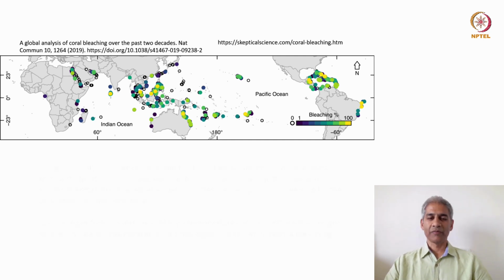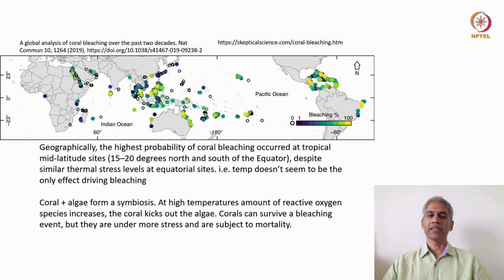And this pattern of bleaching has been especially concentrated within 15 to 20 degrees north and south of the equator, so tropical mid-latitude sites. And it is largely due to thermal stress or warming. But temperature doesn't seem to be the only effect which is driving bleaching.